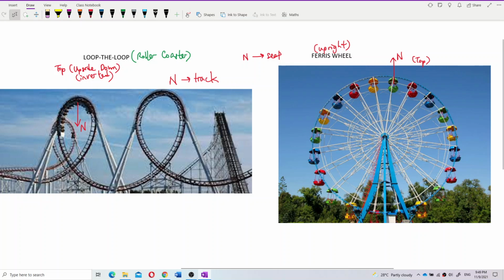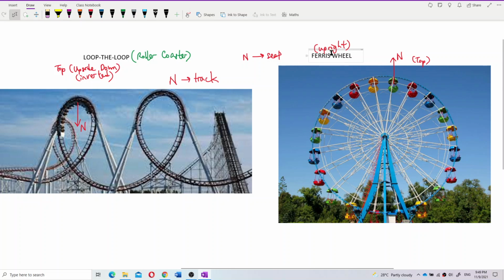The track is making it upside down. So this normal force can be exerted by the seat or by the track. For the car, the normal force is exerted by the track. But for the passenger, the normal force is exerted by the seat.